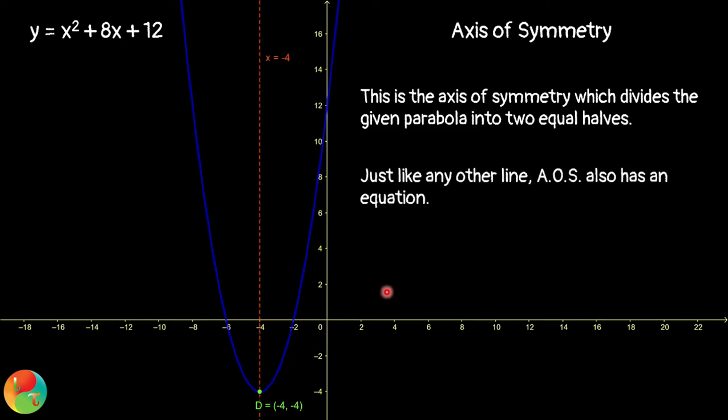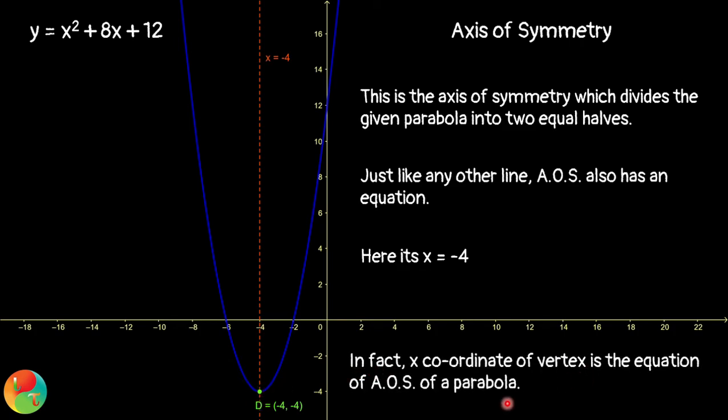Just like any other line, the axis of symmetry also has an equation, which in this case is x is equal to -4. As you can see, this axis of symmetry is perpendicular to the x-axis and is passing through the vertex. In fact, the x coordinate of the vertex is the equation of the axis of a parabola.